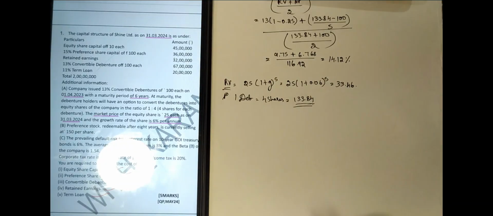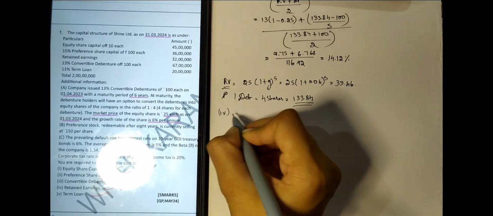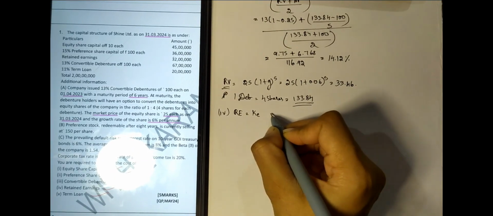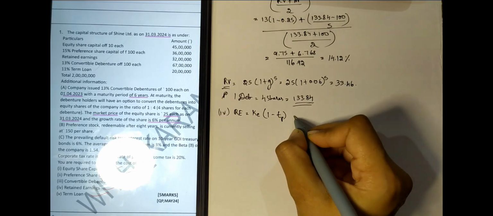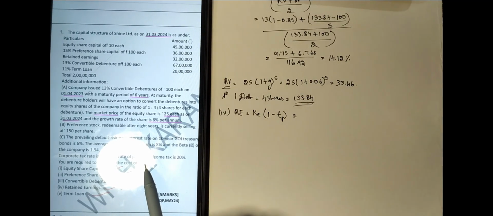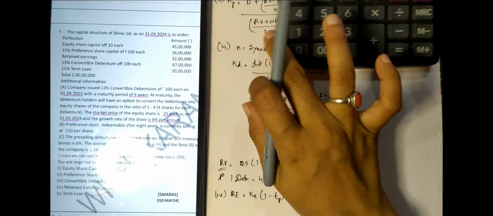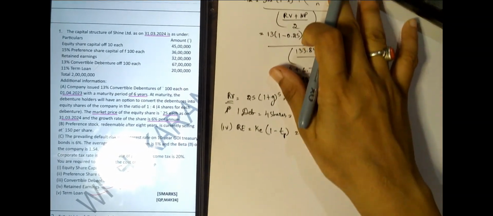Fine. So the next is retained earnings. It is very easy. So what is the cost of retained earnings? KE of retained earnings is KE into (1 minus personal tax). It is given in the question that personal income tax is 20%, and we have already calculated KE as 0.1832.